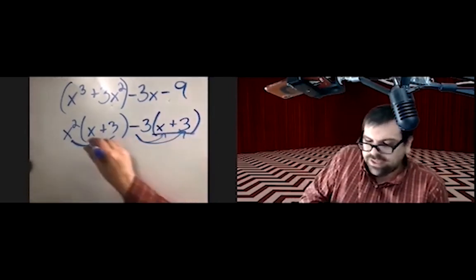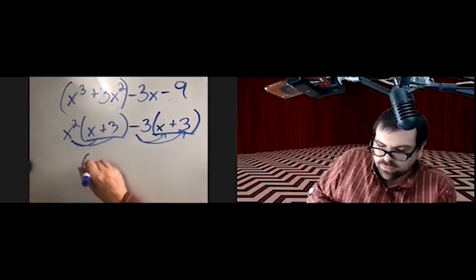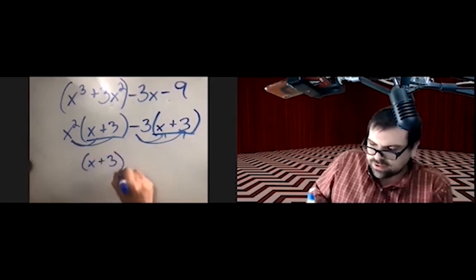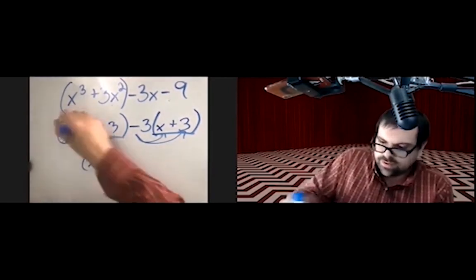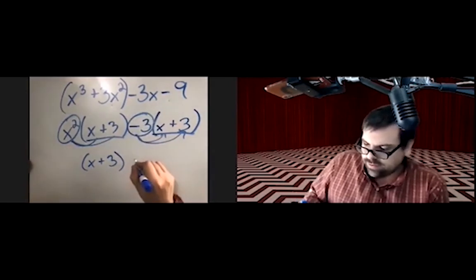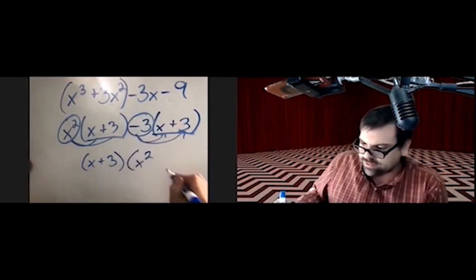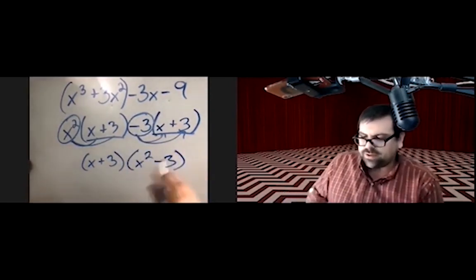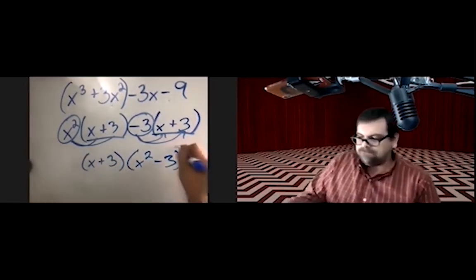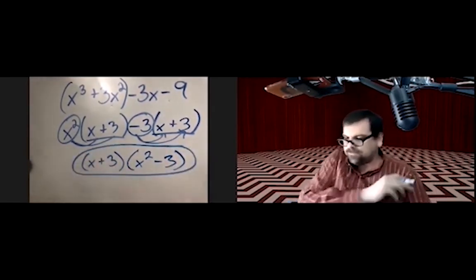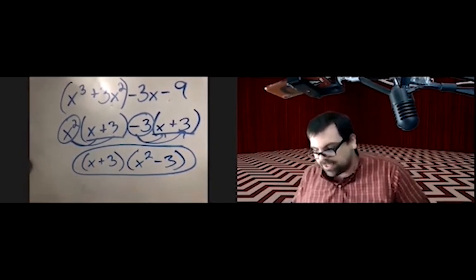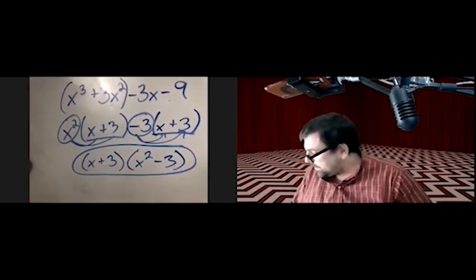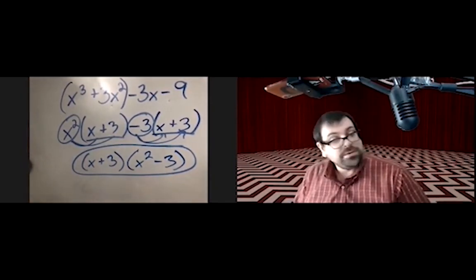And the leftover piece is exactly the same as we wanted. Factor it out. X squared minus 3 is what we're left with. X plus 3 times x squared minus 3.